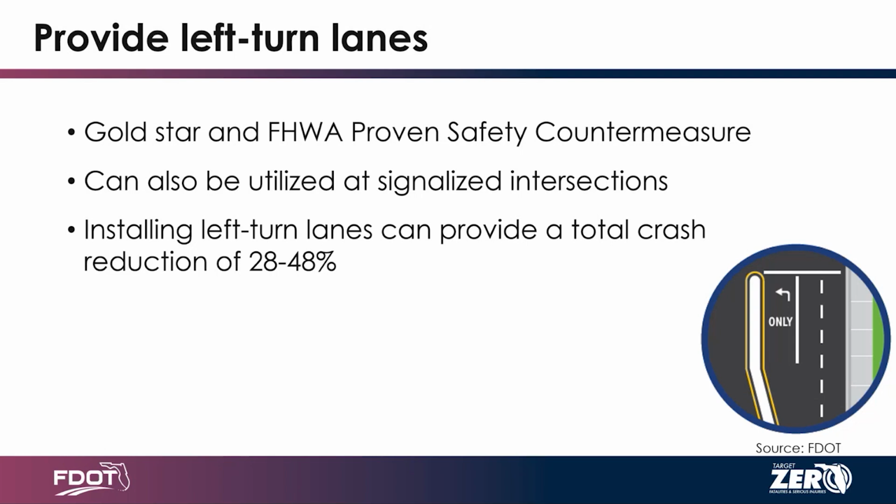One of the things to consider, more so at signalized intersections, is as you begin to add turn lanes, thinking through what that change causes to the intersection footprint, and what that means for pedestrians and bicyclists. It could increase their crossing distances. It could make it more challenging for cyclists to move through the intersection. So there could be potential trade-offs of these countermeasures to be aware of as well.